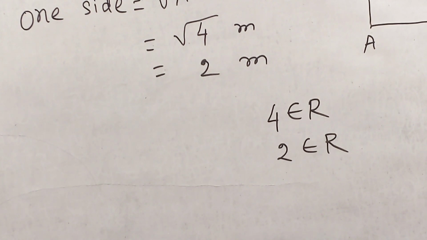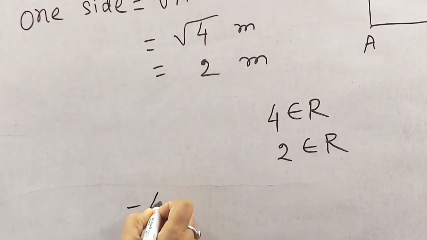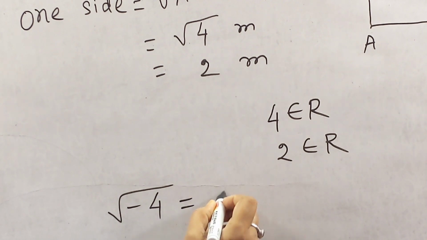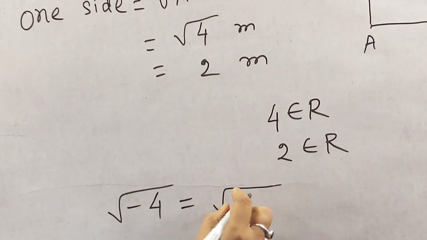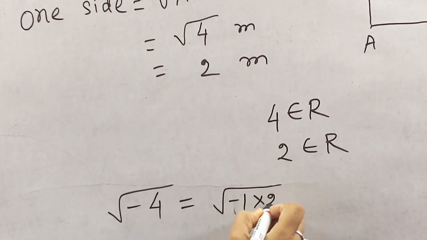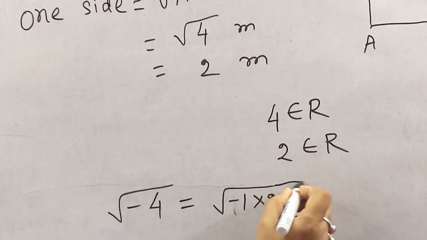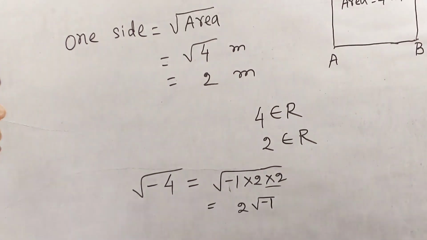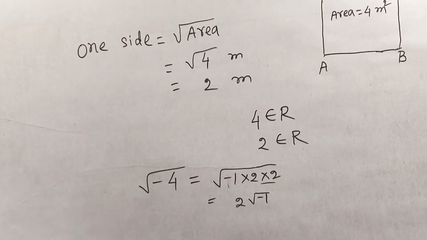But if we want to find the square root of minus 4, we write minus 1 multiply by 2 multiply by 2. So we take 2 square root minus 1.